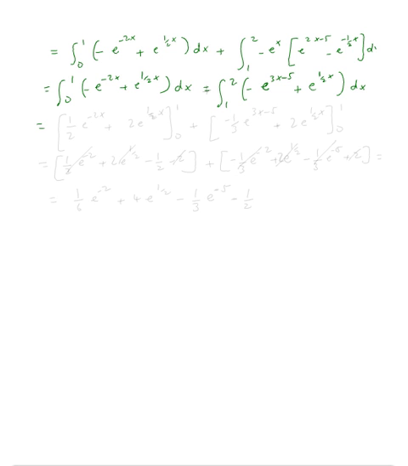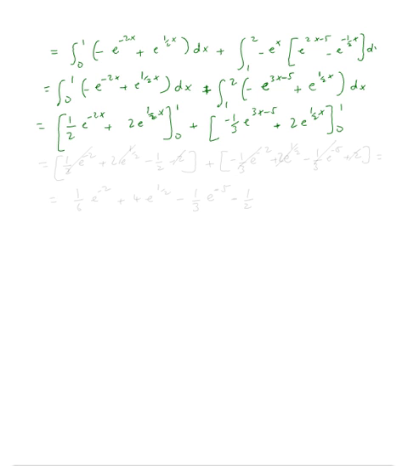So that would be 1/2 e^(negative 2x) plus 2e^(1/2 x), and you want this between 0 and 1. Plus, and then this will be negative 1/3 e^(3x minus 5) plus 2e^(1/2 x) between 0 and 1.